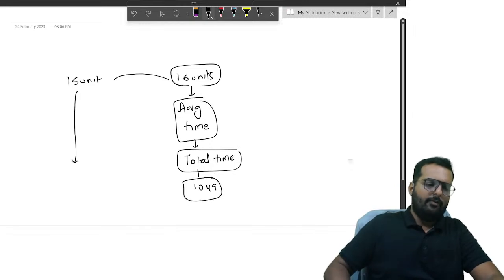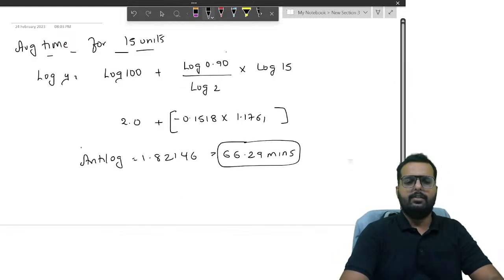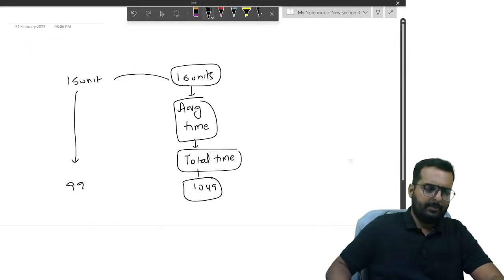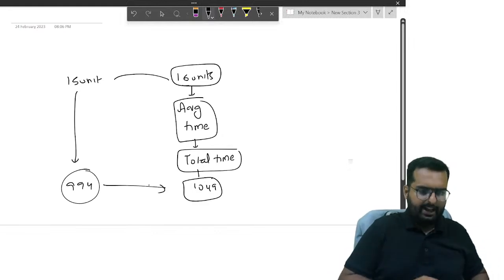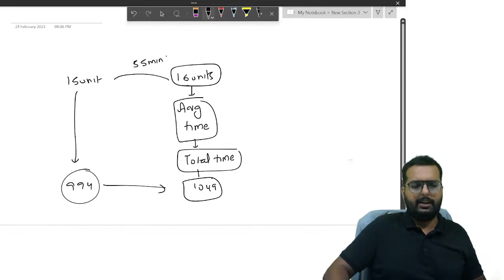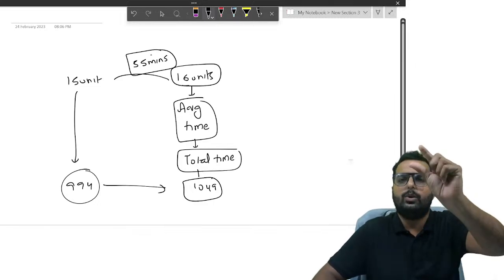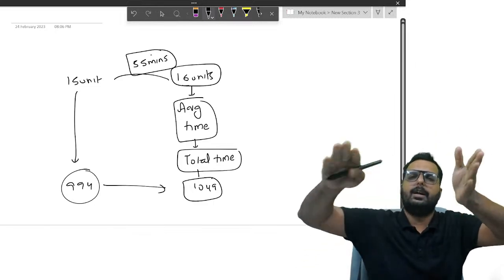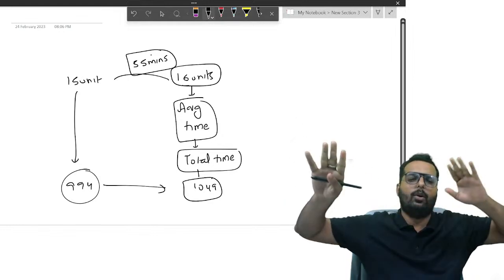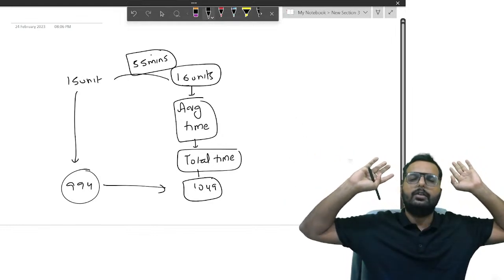But when I made 15 units, it took me 994 minutes. So from 15 to 16, the extra time taken is approximately 55 minutes. Whatever time it takes to make the 16th unit, that same time will be applicable from 16 onwards, because from that point the learning curve is going to stop.